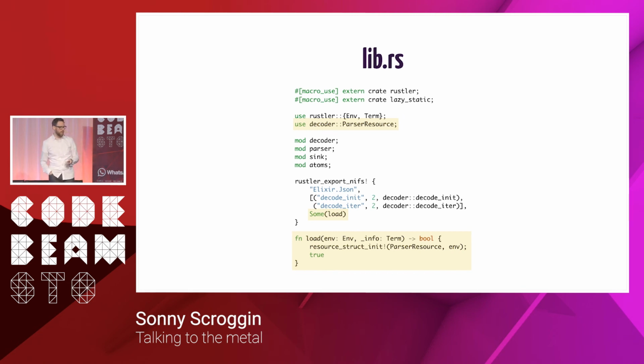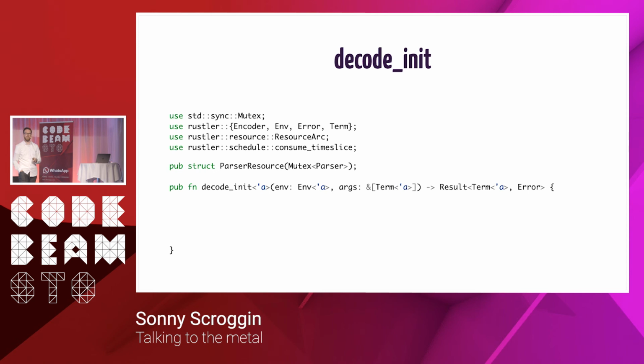Then decode init. We have a parser resource, which is pretty interesting, because resources can be shared across other processes, so we need to make sure that those two processes don't end up calling a NIF at the same time and trying to access this resource, causing mutability problems. So we have to wrap it in a mutex to make sure that we get a lock on it.